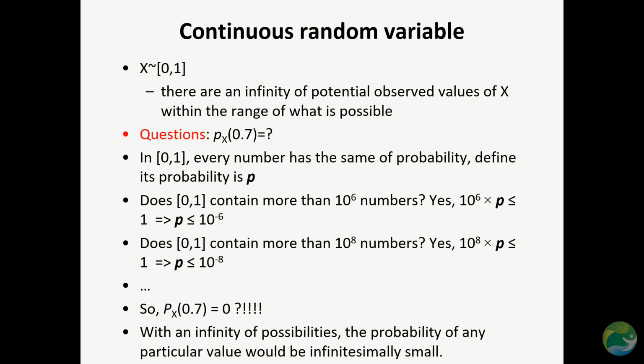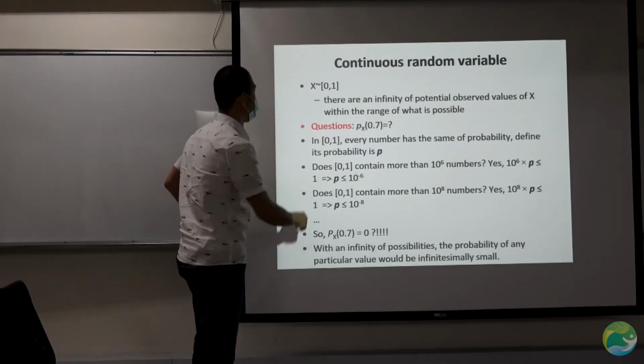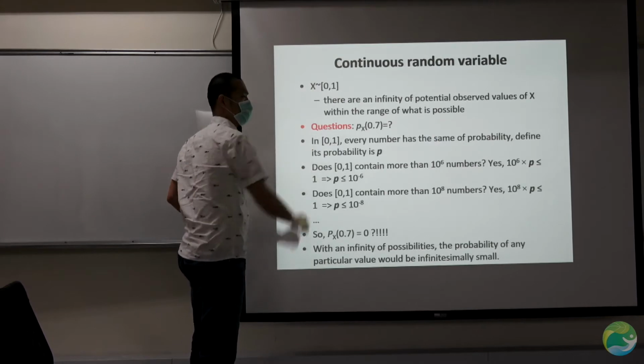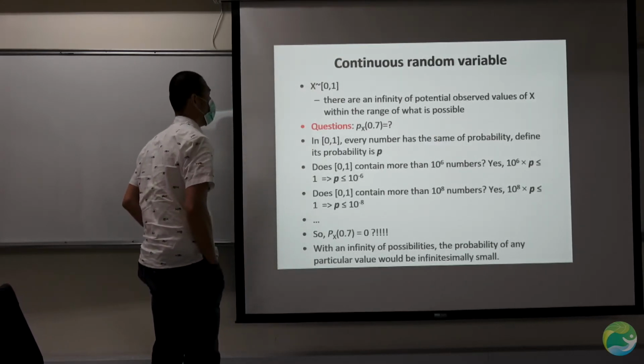So we have finished the discrete random variable. Right now, let's talk about a continuous random variable. So for the continuous variable in this example, x goes from 0 to 1, okay?